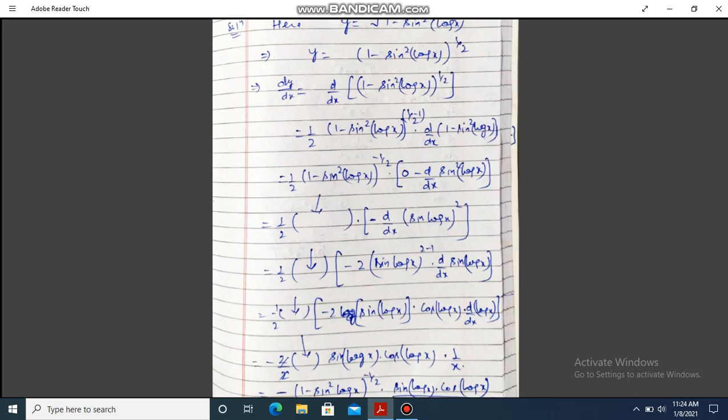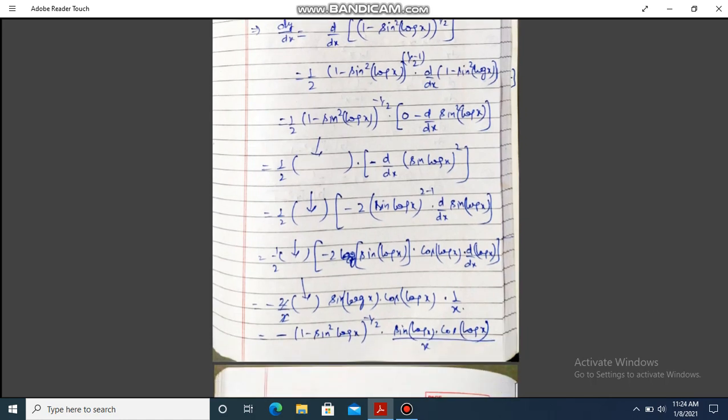So sine log x to the power 2 minus 1 into d over dx of sine log x. Now you will differentiate sine. So the differentiation of sine is cos, with inside cos the same value that is inside sine, cos log x. Now you will differentiate log x, and the differentiation of log x, as you know, is 1 upon x.